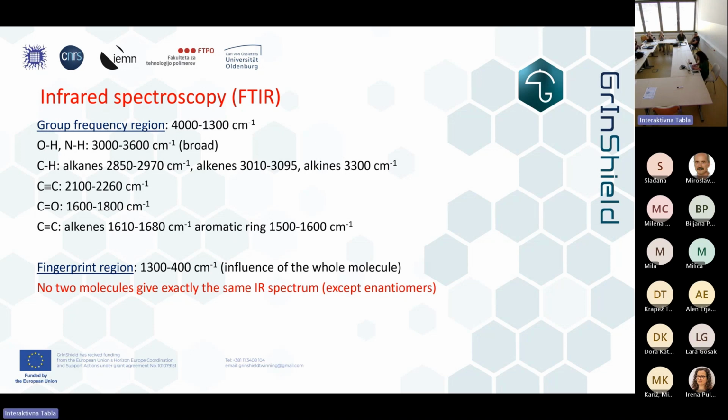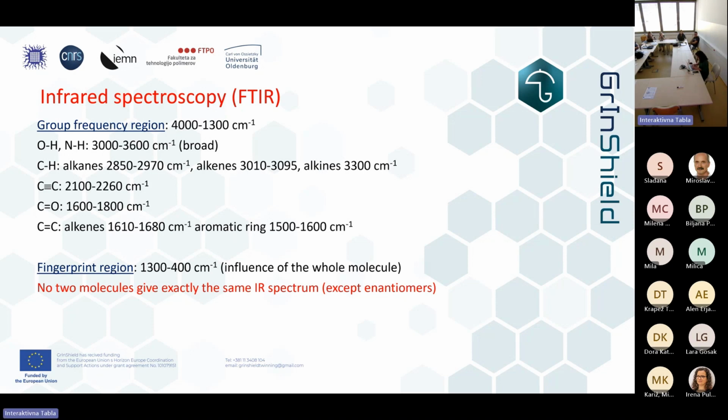Triple bonds can also be seen at approximately 2200. Not only CC triple bond, also CN triple bond can be found somewhere in this region. CO is usually a very strong band between 1600 and 1800, and alkanes are around 1700 to 600 to 700. If it's an aromatic ring, 1500 to 1600.